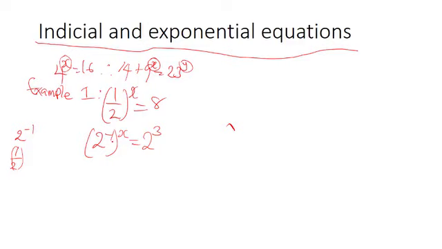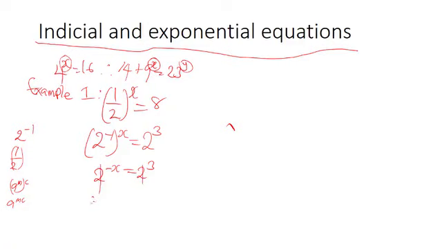Now we also did something in the power of a power law of indices, where we stated clearly that (a^m)^c is the same thing as a^(mc). So we are applying it here now. Minus 1 times x is minus x. So we now have 2 raised to power minus x equal to 2 raised to power 3. Now you're taking 2 away from 2.